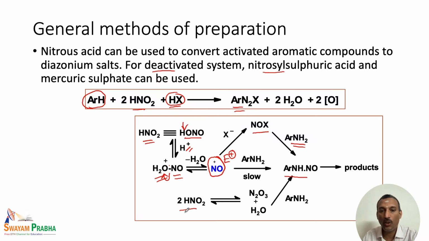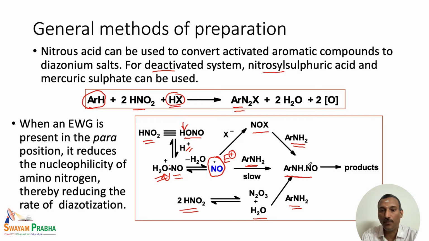Two molecules of HNO2 can also form N2O3 and a water molecule is lost. This N2O3 can again react with ArNH2 to give this particular intermediate. Of course, this NO+ ion can also directly react with the aromatic amino compounds, but that reaction is going to be slow. So these are all the various steps by which the aromatic diazonium salts can be produced.